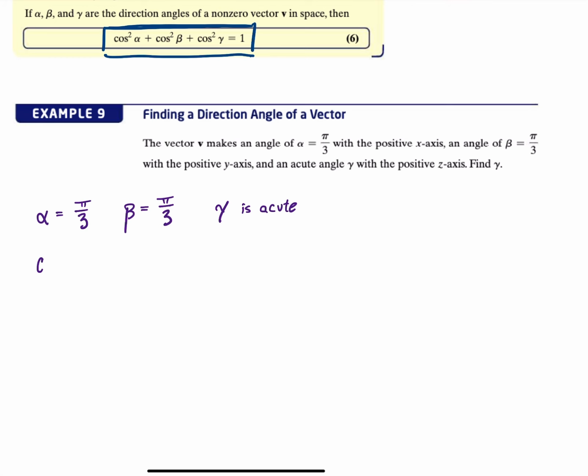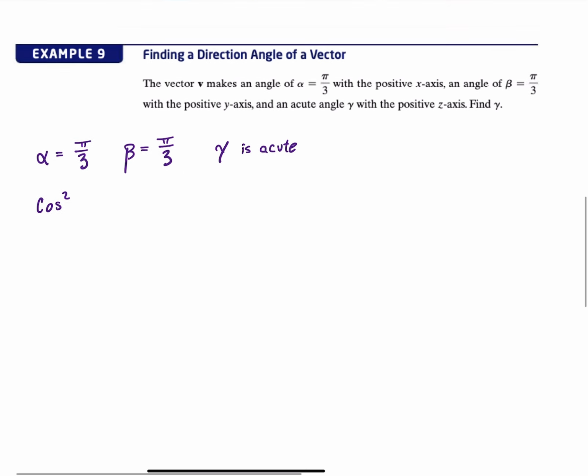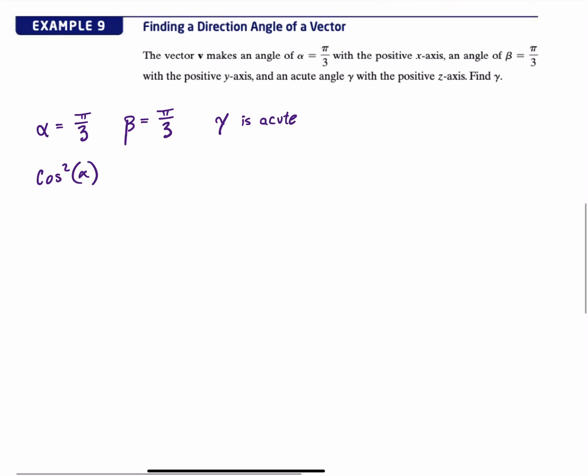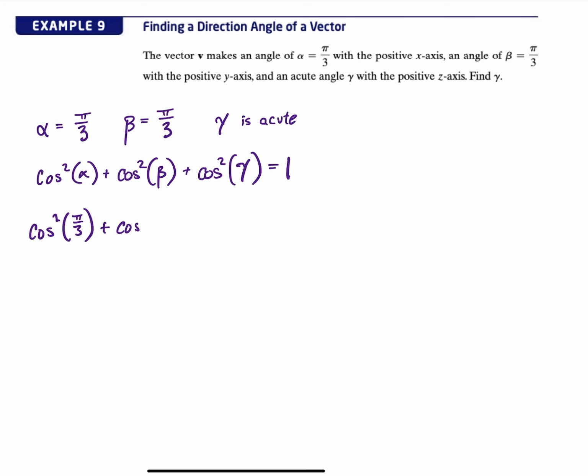Because we can say cosine squared of alpha plus cosine squared of beta plus cosine squared of gamma should equal 1. So that means we would have the cosine squared of pi over 3 plus the cosine squared of another pi over 3 plus cosine squared of gamma will equal 1.